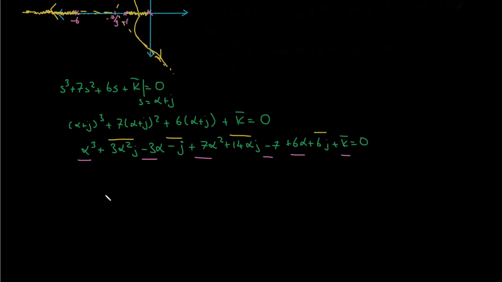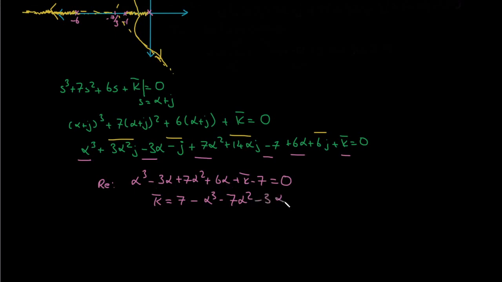Okay, so from the real part, I do have alpha cubed minus 3 alpha plus 7 alpha squared plus 6 alpha plus k bar minus 7 equals 0, right? So from there, k bar is equal to 7 minus alpha cubed minus 7 alpha squared minus 3 alpha, right?